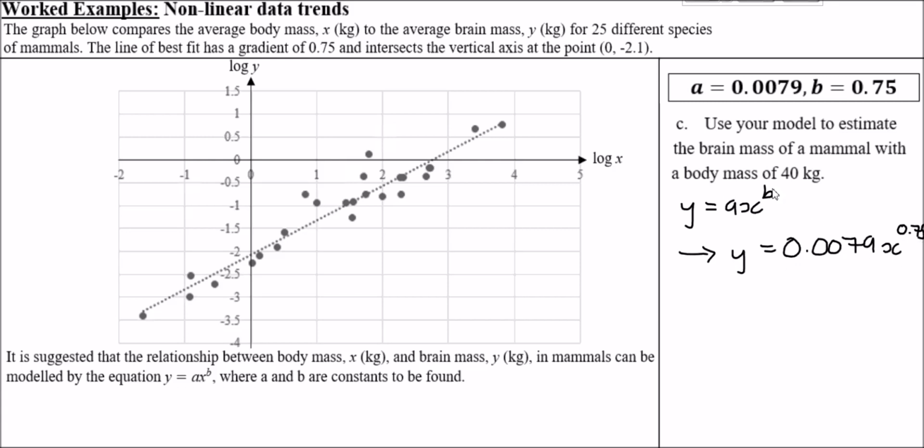So we can just substitute in that x, the body mass, is 40. So brain mass, our estimate at least, is going to be 0.0079 multiplied by 40 to the power 0.75.